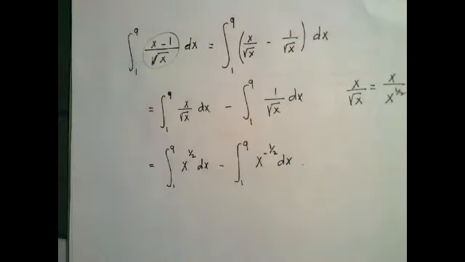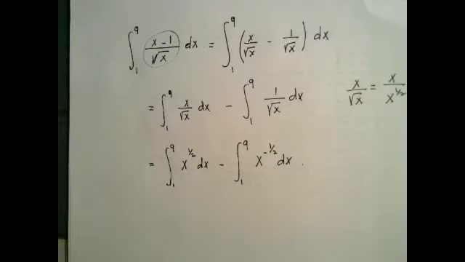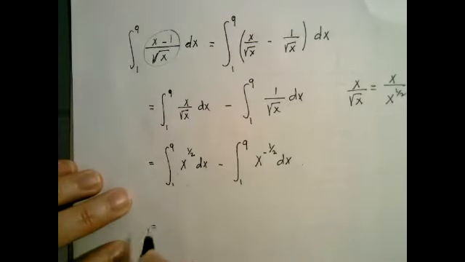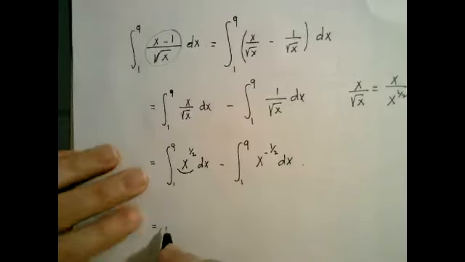We have to prepare, because remember, at this stage, we're really just doing the indefinite integral. That's why we started with the indefinite integral. Okay, and now we're done. We have to evaluate this.